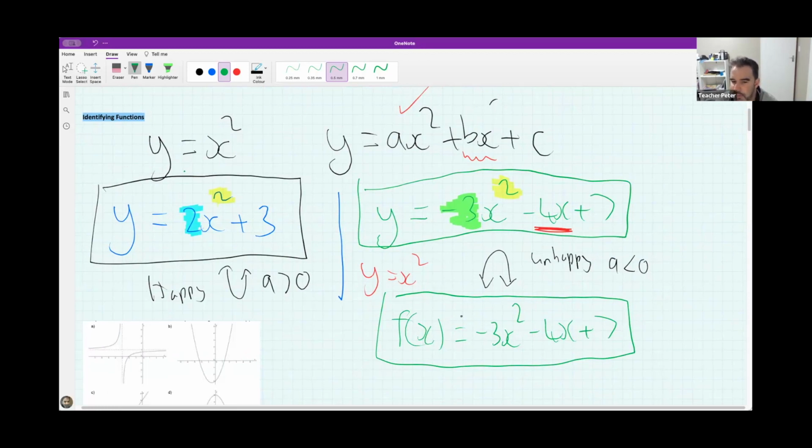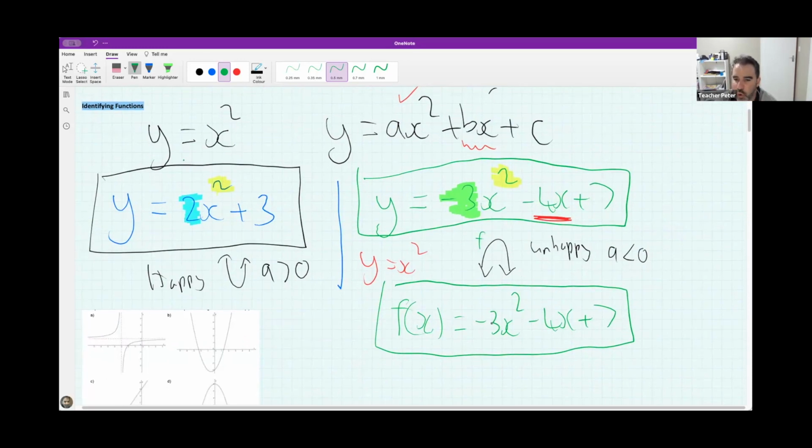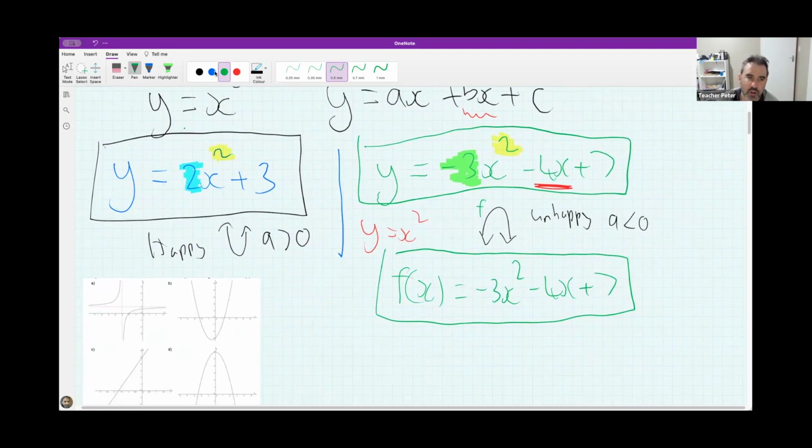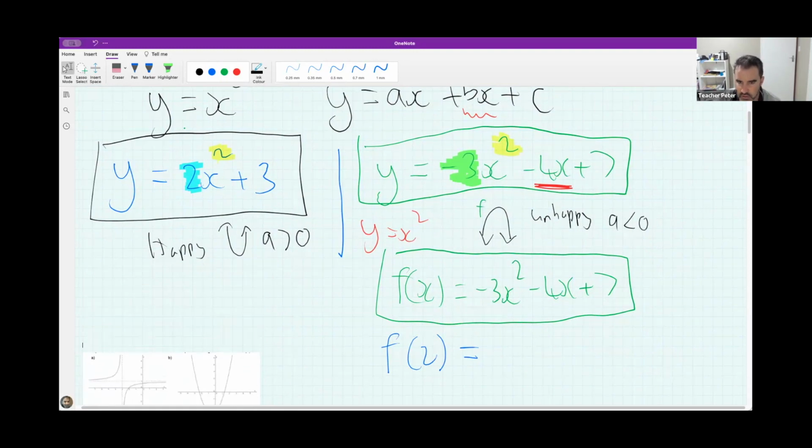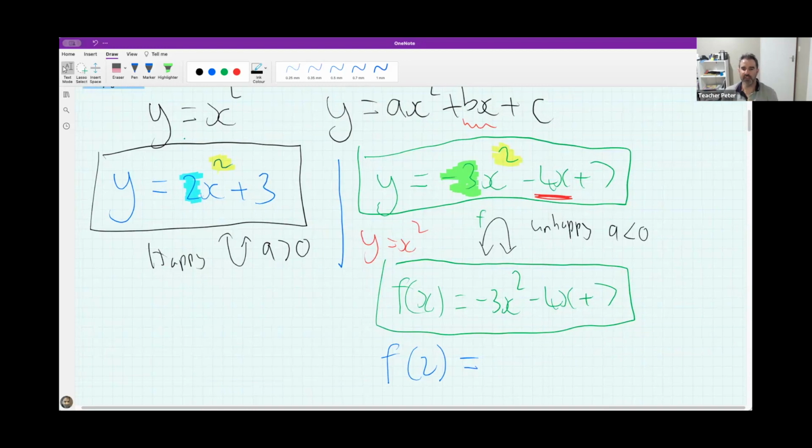And what's nice about function notation is that you can label. So if you were drawing the graph, you don't have to write the whole equation. You can just write f. And it also allows you to talk about things in the graph. So for example, if I said to you, what is the value of f of 2? Could you work out what f of 2 is using that description of the relationship? So find me the value of f of 2 and pop it in the chat.